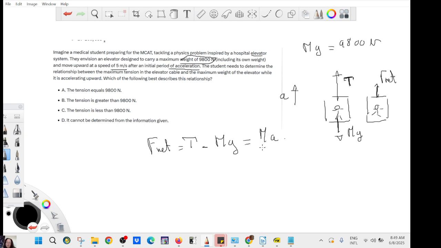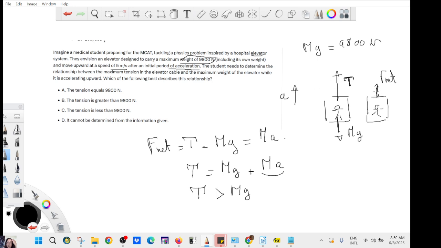If you want to have an acceleration, the tension has to be larger than the weight, right? The tension first has to balance out mg, the weight, plus it needs to provide some acceleration. So the tension has to be greater than mg to provide the acceleration.